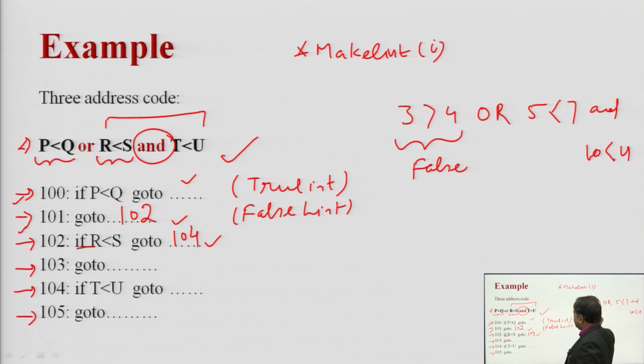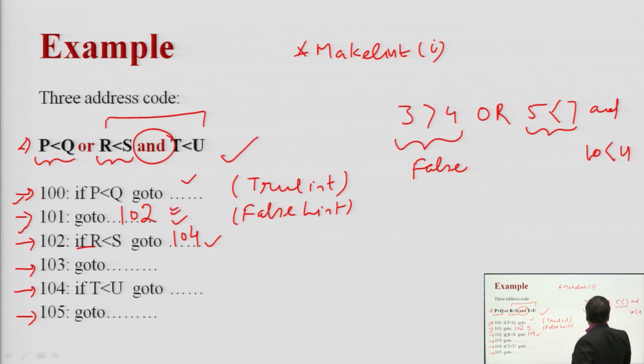If it is false, we will move to 102. You will reach 102, then compute 5 is less than 7. So, where is the false statement 3 is greater than 4 taking you? It is taking you to 102, right.